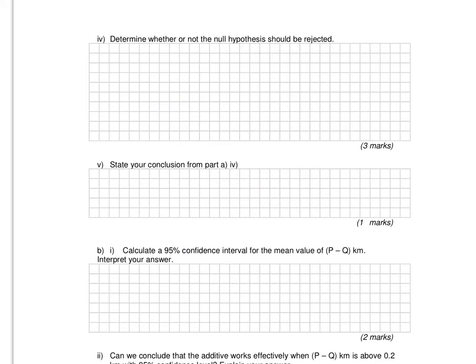Next, we are to determine whether or not the null hypothesis should be rejected. We could use our GC to easily calculate the z-value and the p-value. The z-value here is calculated to be negative 1.89, while the p-value is 0.0593.